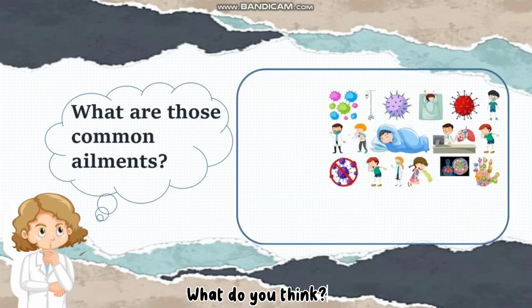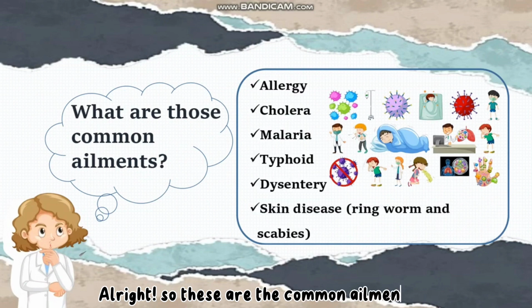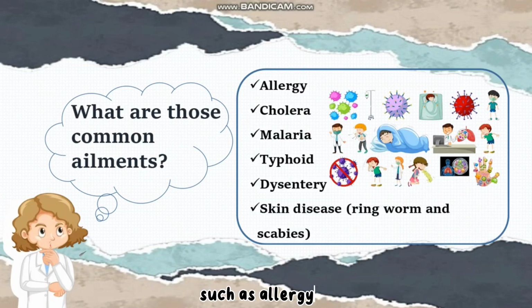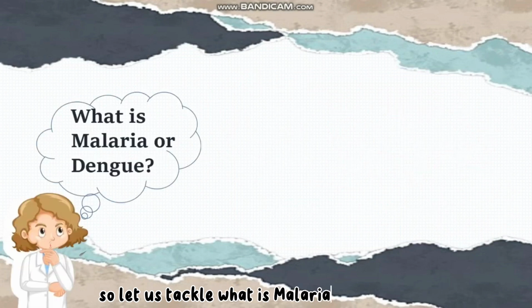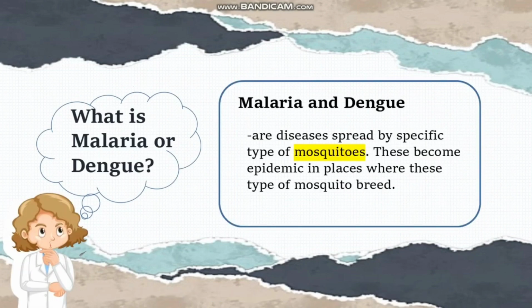What do you think? All right, these are the common ailments such as allergy, cholera, malaria, typhoid, dysentery, and skin diseases such as ringworm and scabies. Let us tackle what is malaria or dengue.